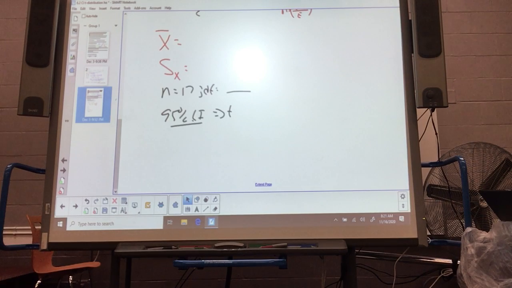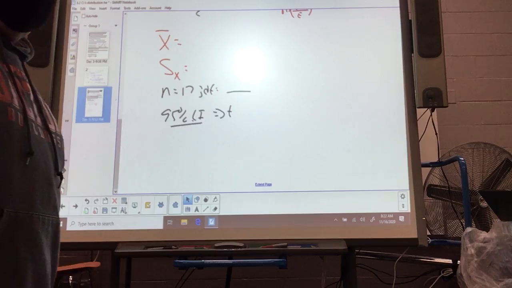So you go to 95% along the top, you drop down to degree of freedom, not 17, but one less than that, and determine your value. It's primarily what you've been doing, what you did for today. The difference is you need to find a t-value now. That's the only difference. Okay, the rest of the time is yours.